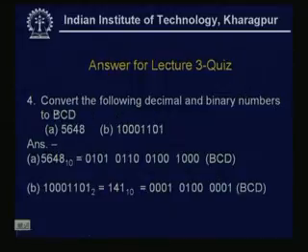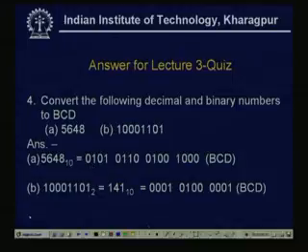Now, the last question was the conversion of decimal and binary numbers to binary coded decimal, the BCD value. The first number was 5648 in decimal. The way we have defined binary coded decimal, for each decimal digit we take 4 binary values.